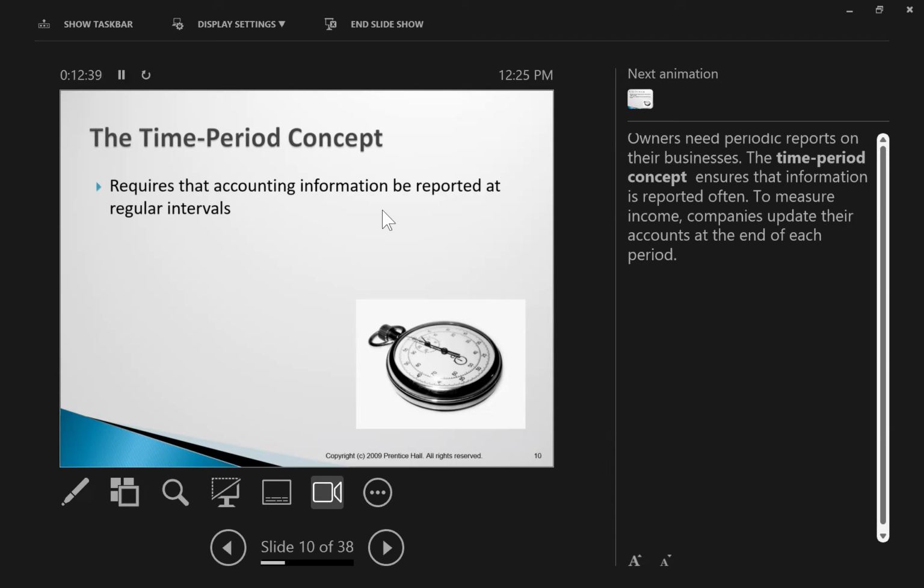So owners need periodic reports on their businesses. The time period concept ensures that information is reported often. Accounts are updated at the end of each accounting period. Thus, the adjustments. That's what they're talking about. Those are the updates.